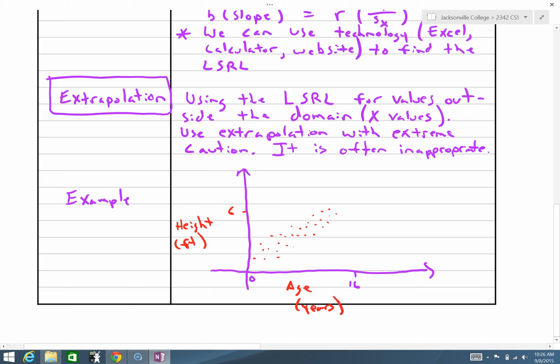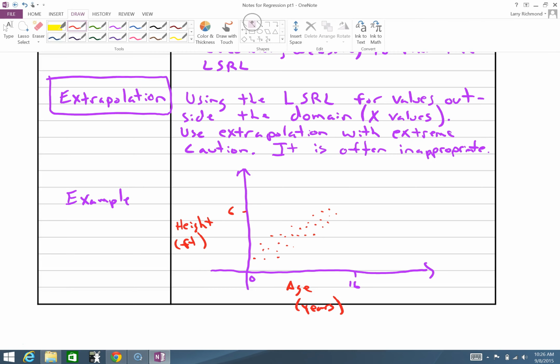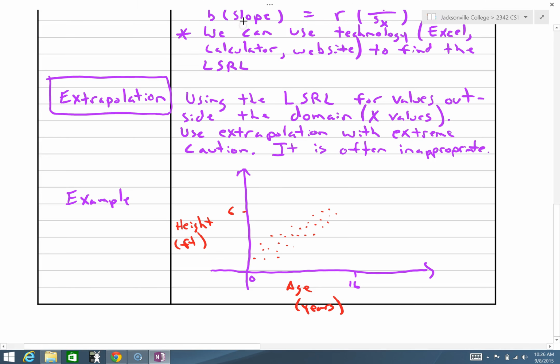Well, what the least squared regression model tries to do is draw some line that best fits my data. The line might look something like this. All right, and that should be a straight line. And my line is probably shifted down a little bit. Again, in the next video, I will show how to use technology to do this.